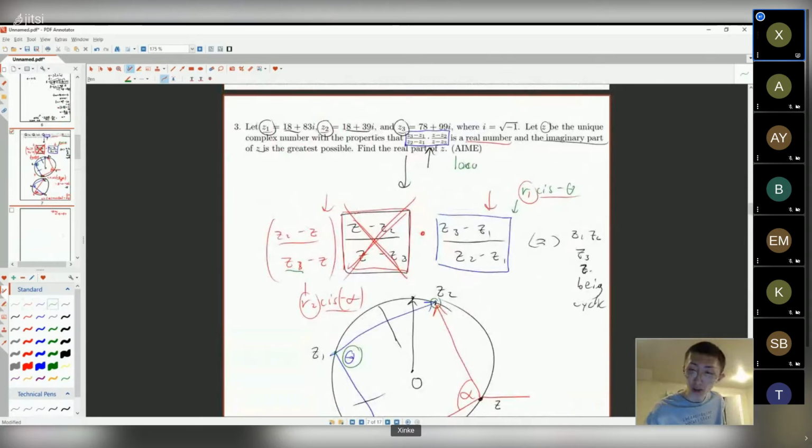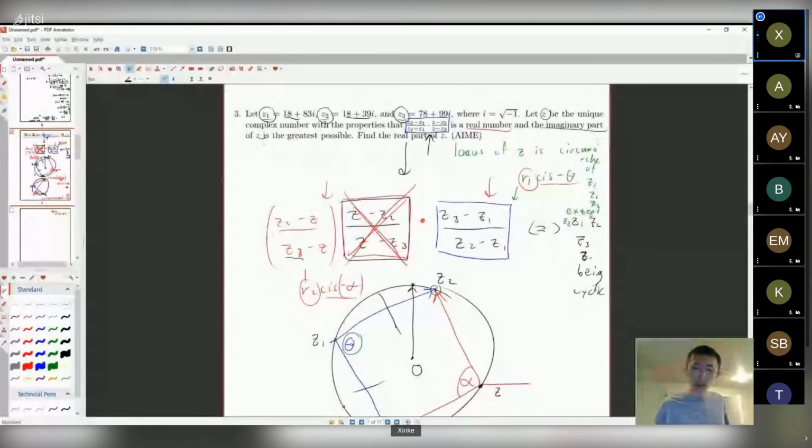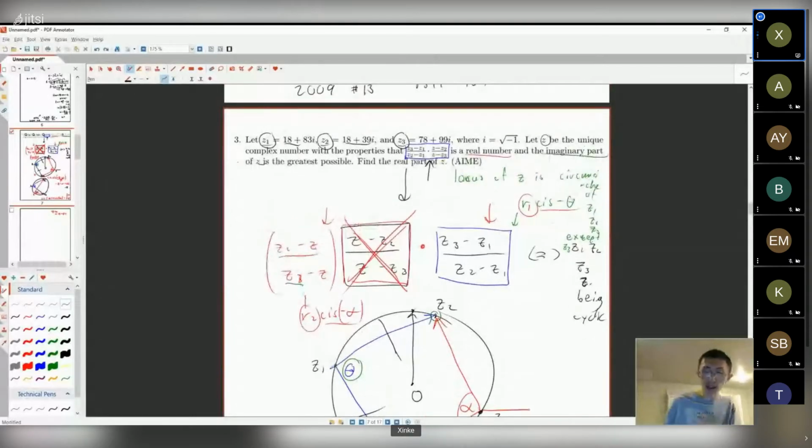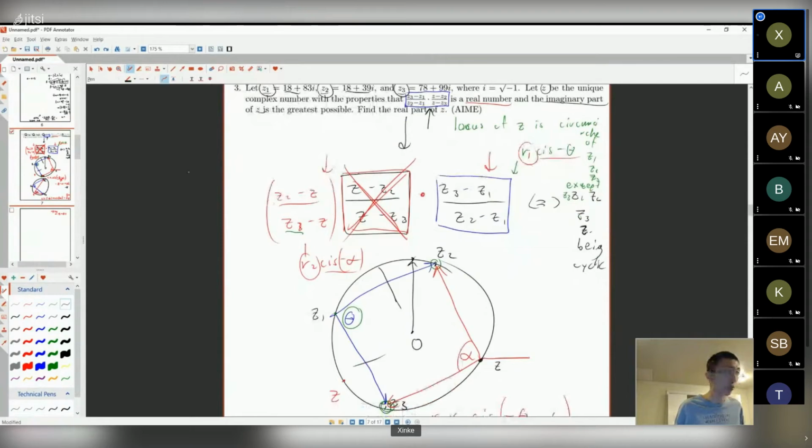So the locus of z is the circumcircle of z1, z2, z3, except the point z3. It's a locus problem where you have to find the set of all points that satisfy some arbitrary condition, and this condition is really well known to be a concyclic condition for 4 points.